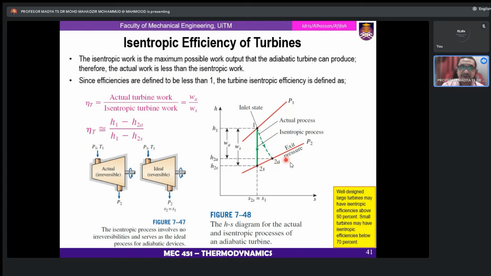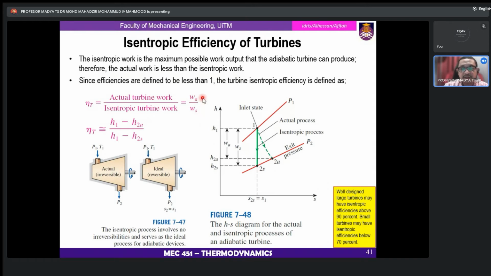So when you want to find the isentropic efficiency of the turbine, the formula you need to know is the actual turbine work divided by the isentropic turbine work. That means W actual divided by W isentropic.